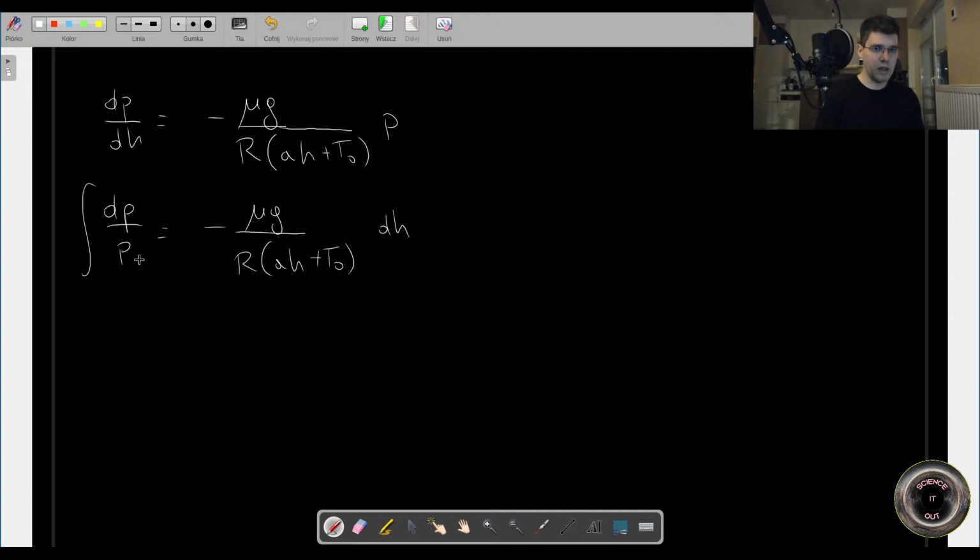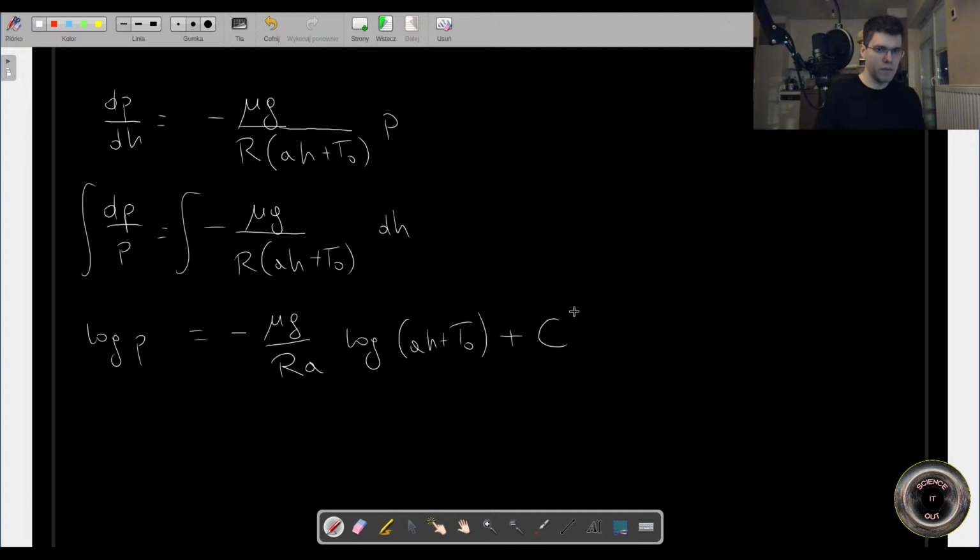And this can be integrated. So we have log P equals minus g divided by R a, log (a h plus T0), plus some constant c.